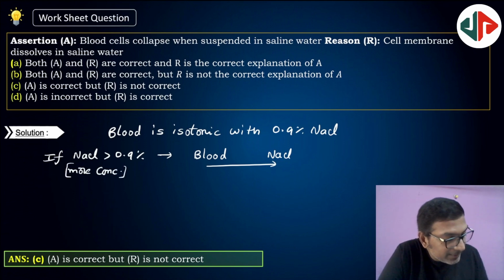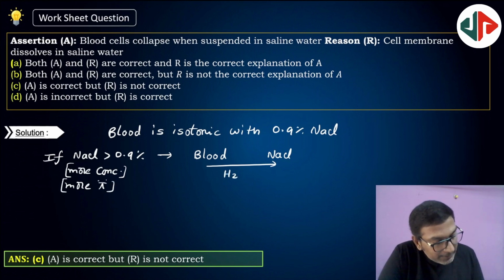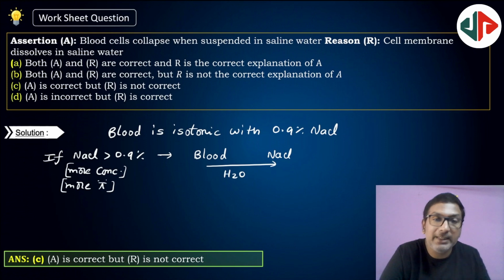More concentration means more osmotic pressure, more pi value. Therefore water molecules flow from blood into NaCl, so shrinking takes place, collapse.